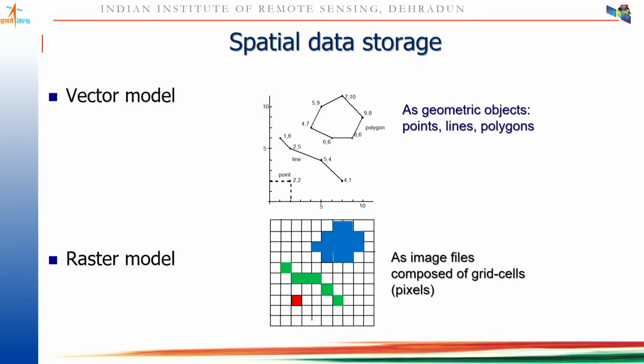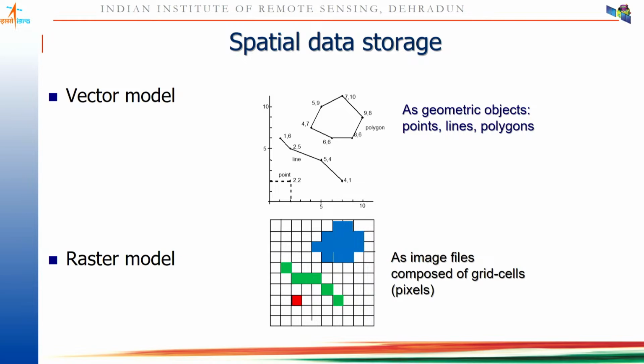You have to understand that these two data models are available, but there are certain benefits of each model, and certain limitations as well. In general, wherever you require discrete data, discrete means you need to define the exact boundary or location of your object, then you'll go for the vector data model.